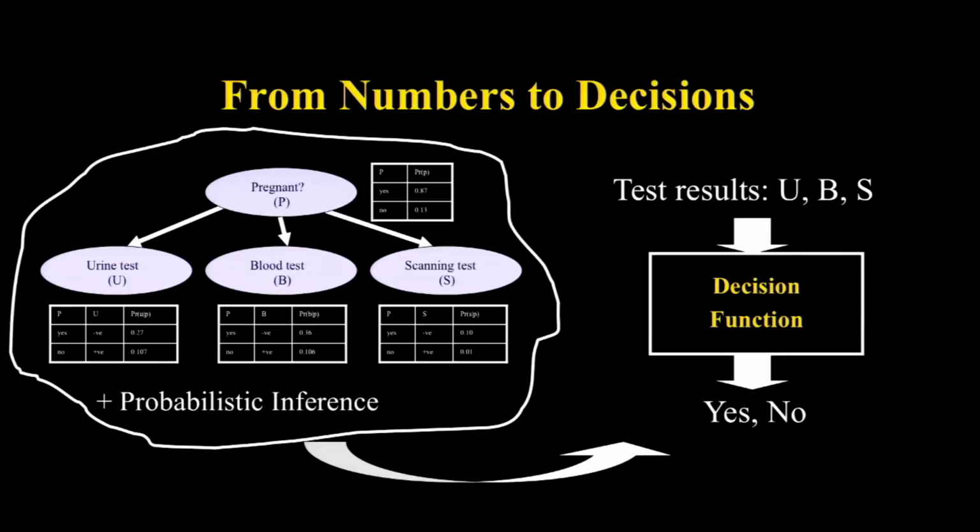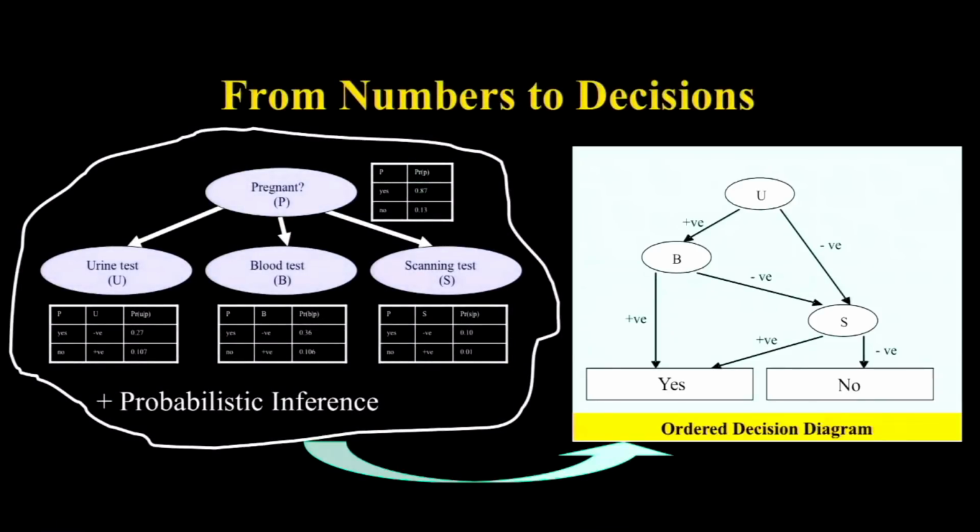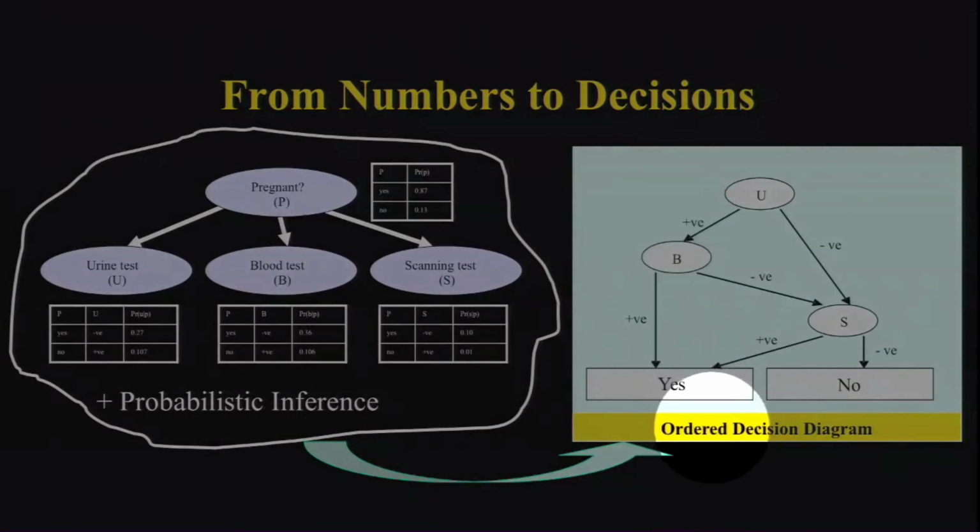So again, even though this is all probabilistic, what's really happening here is that we are specifying a symbolic mapping from features to a yes-no decision, and we're going to call this the decision function. And today what we will do is show how we can capture that symbolic decision function using a representation known as ordered decision diagrams, or ODDs.